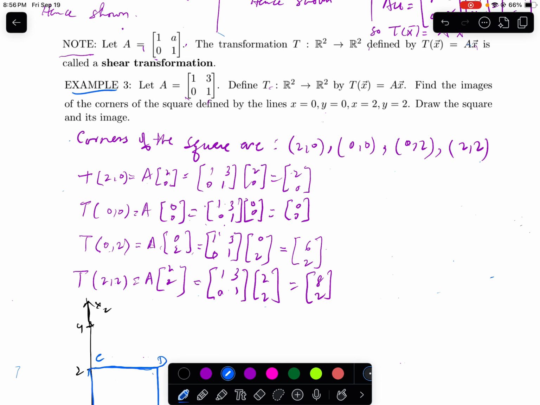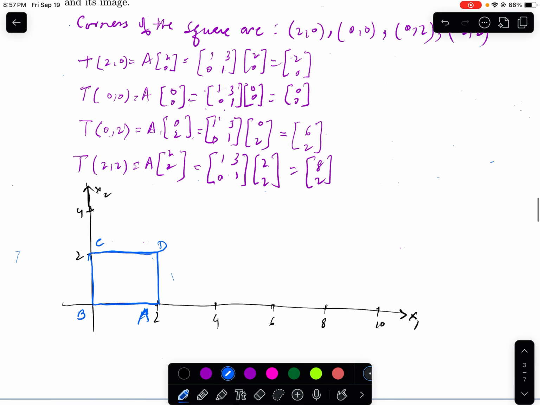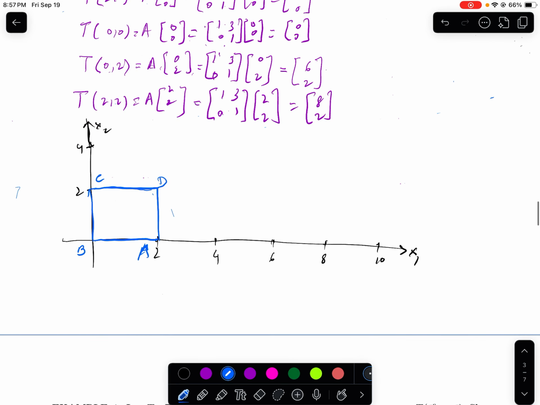The corners of the square are at 2, 0, 0, 0, 0, 2, and 2, 2. Here is the square I have drawn down here. I gave those points names A, B, C, D so that it's easier to understand which points to join together.